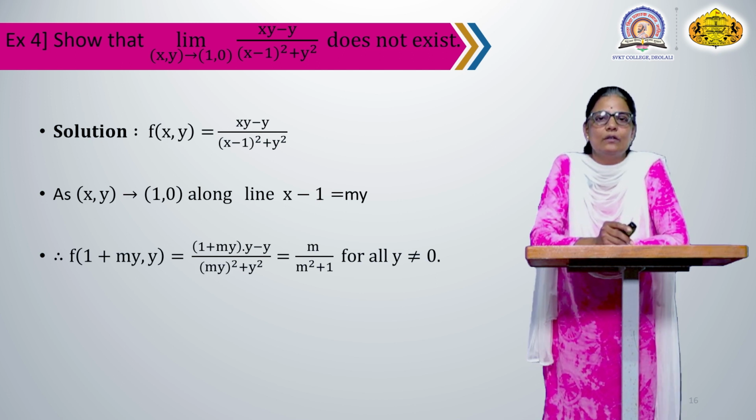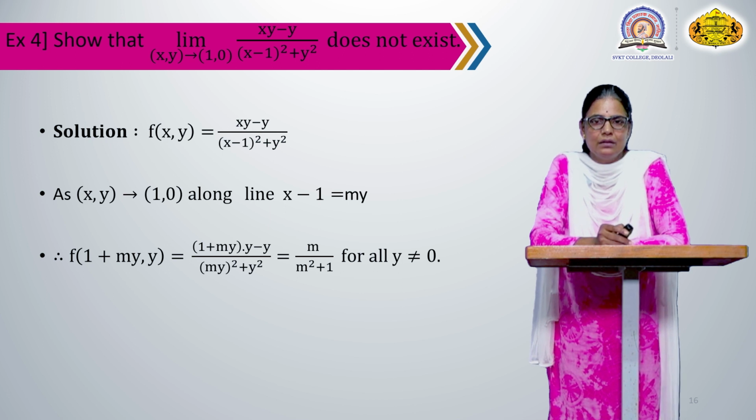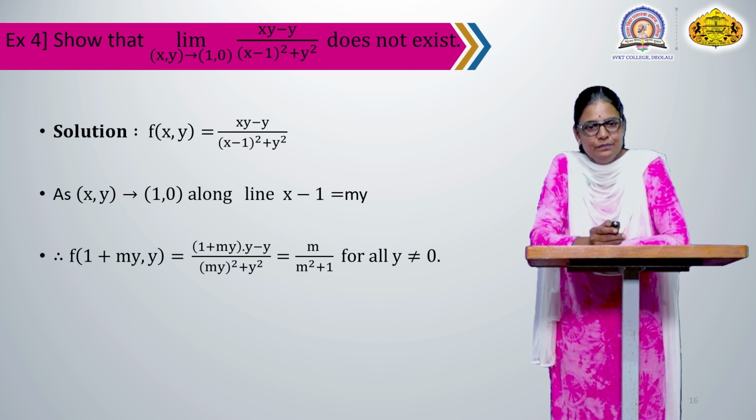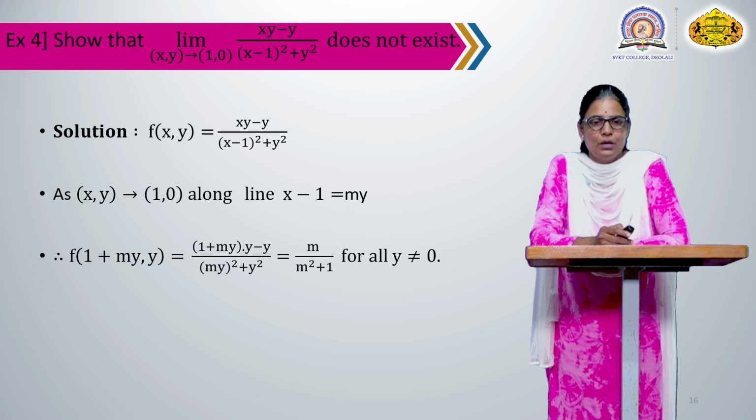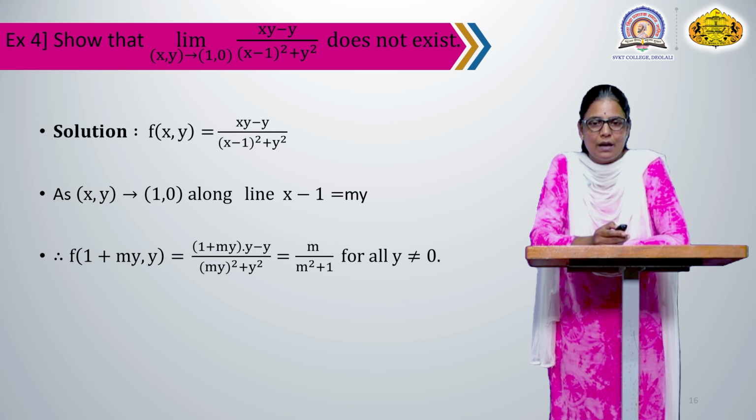To find the limit of the given function along this path, we substitute x equals my plus 1. So the given function becomes f(1 plus my, y), which is ((1 plus my) into y minus y) upon ((my) square plus y square).